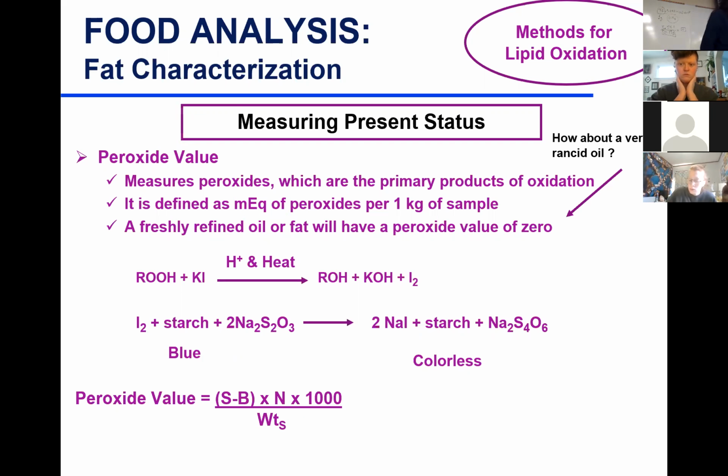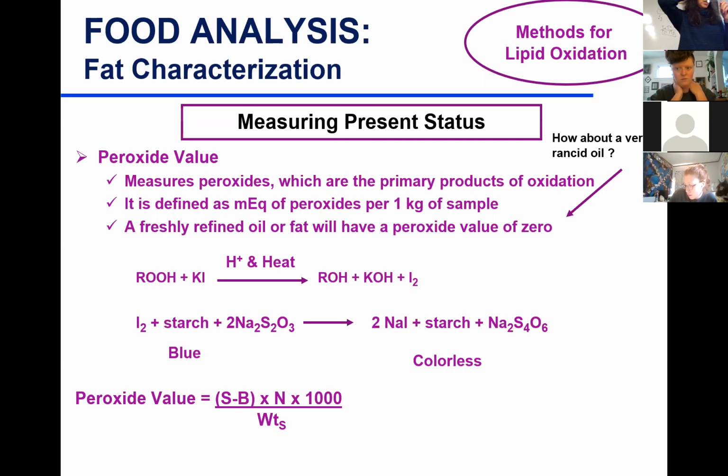So if I measure the peroxide value of an oil and it's 0, how do I know if it's very oxidized or if it is fresh? What would be an easy indication? Smell it. Yes, Chris. All it takes is smelling the oil.